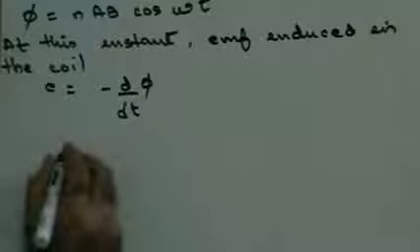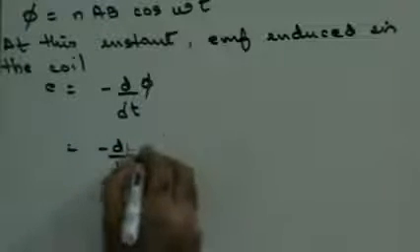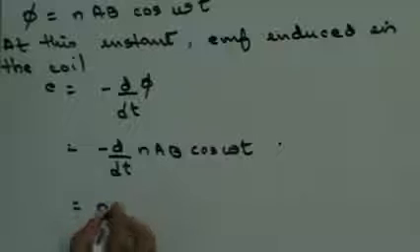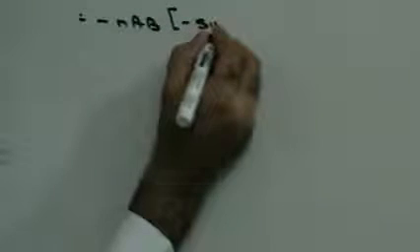But flux we have already found out, so EMF is negative d by dt of NAB cos omega t. Constant comes outside the derivative, so this is minus NAB d by dt of cos omega t. D by dx of cos u is minus sin u du by dx. So this is minus NAB into minus sin omega t d by dt of omega t.